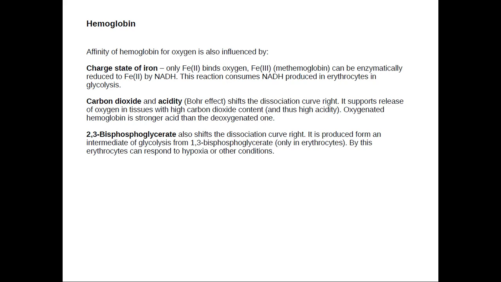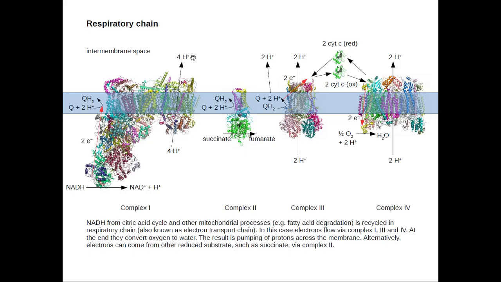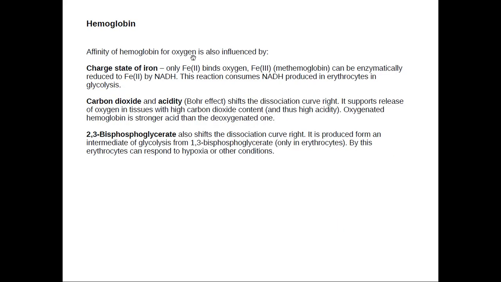So this is a kind of linkage between the metabolism in erythrocytes, like glycolysis, and delivery of oxygen. So erythrocytes can use this to respond to the concentration of oxygen. So erythrocytes and oxygen delivery and hemoglobin, it's a very interesting story.